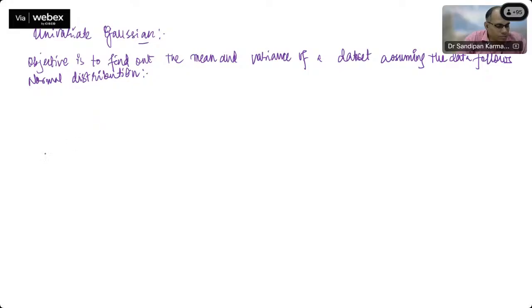If the data follows a normal distribution, then the likelihood will be given by the normal distribution.